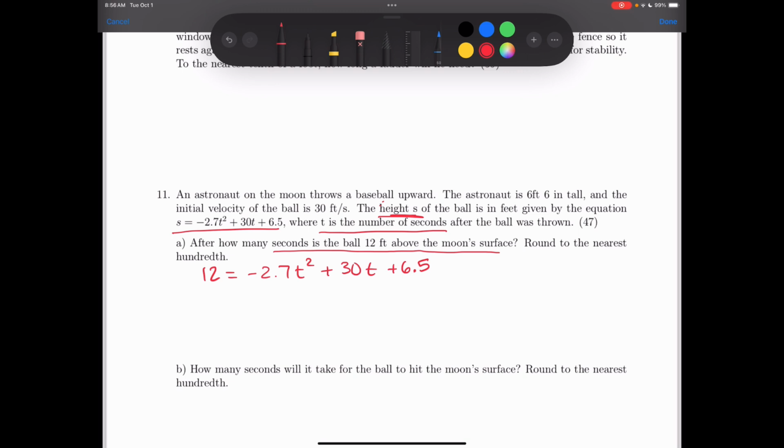So I'm going to subtract 12. I need everything on one side. So 0 equals negative 2.7 t squared plus 30t minus 5.5.